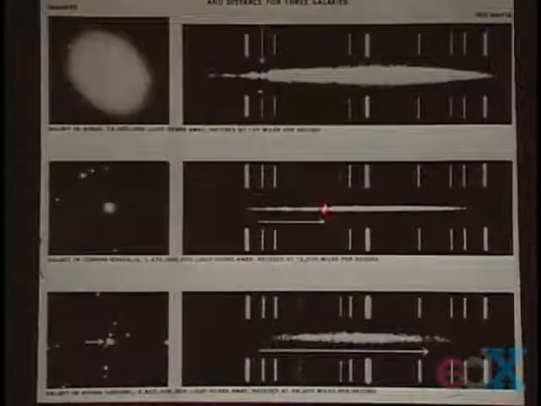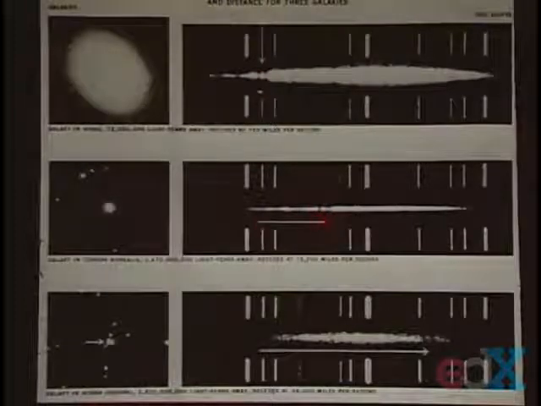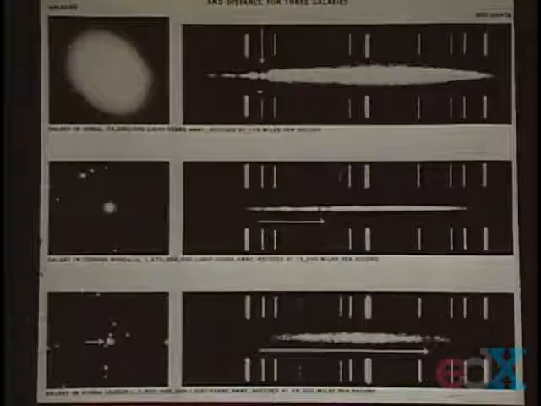And notice that here the lines have shifted substantially further. And if I did my homework, using the velocity that they claim, which they can do with high degree of accuracy because you can calculate lambda prime divided by lambda, those measurements can be made with enormous accuracy, I find that this object is about 305 megaparsecs away from us, so it's about 20 times further away than this object.